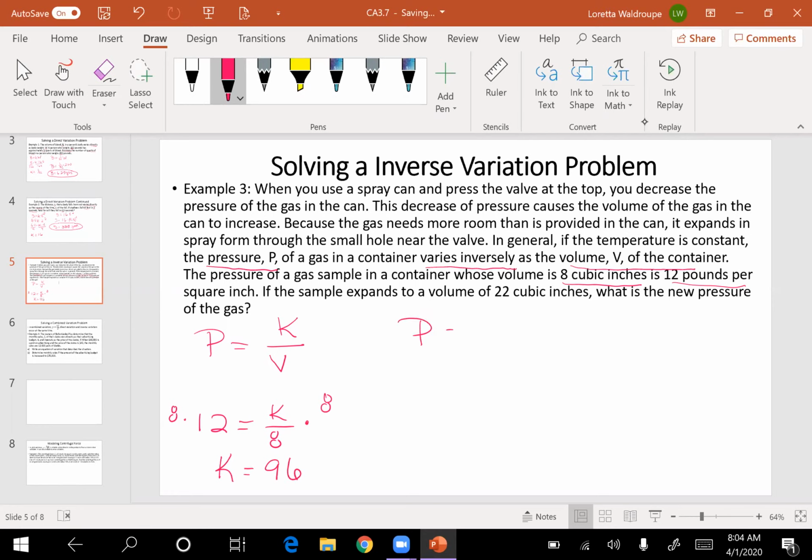So P equals 96 over V. If the sample expands to a volume of 22, what is the pressure? So if the volume is 22, what is the pressure? What is 96 divided by 22?